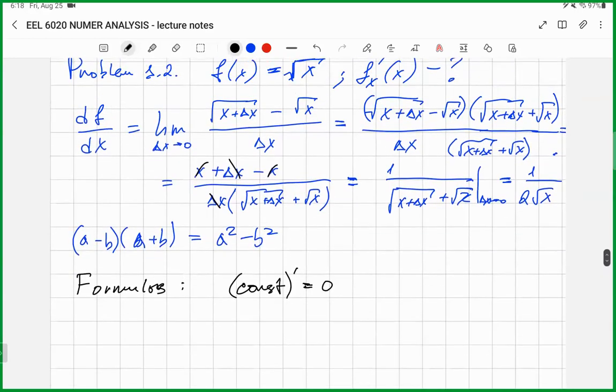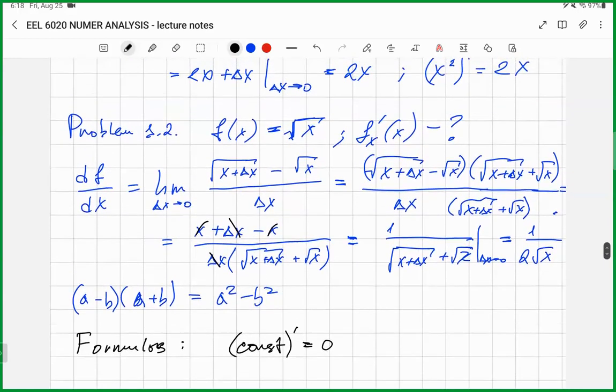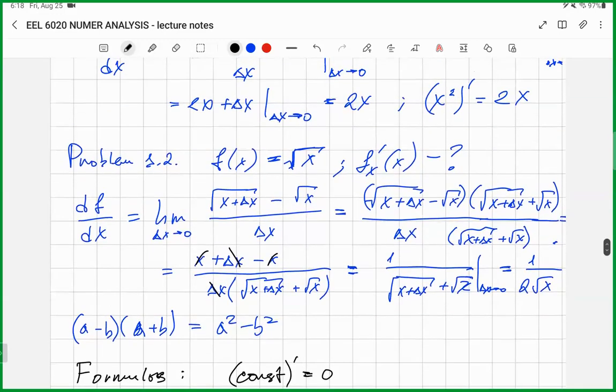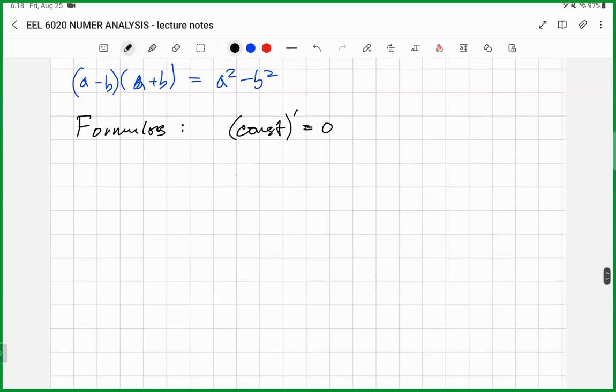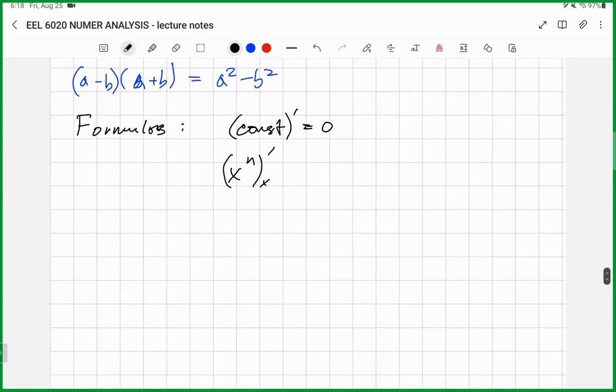Next, generalizing these two problems that we just solved, we can write that the derivative of x to the power of n, d/dx, is equal to n times x to the power of n minus 1. Right, so you just bring the power in front of the x, and then the power becomes n minus 1.